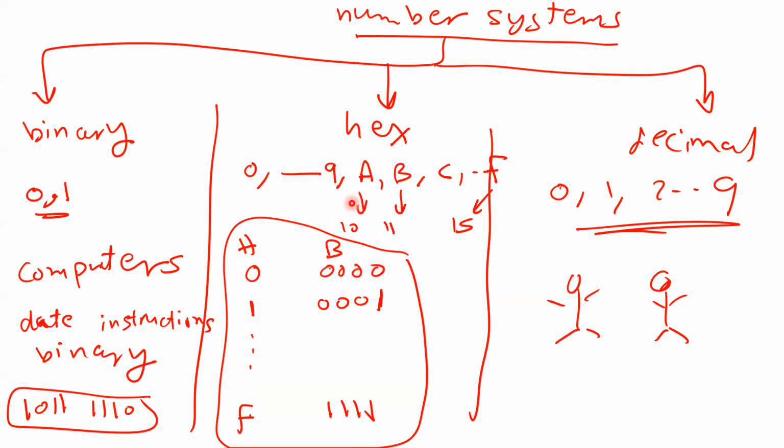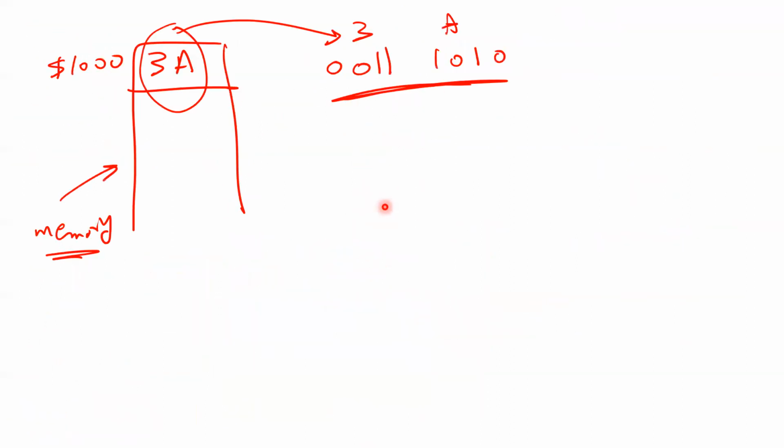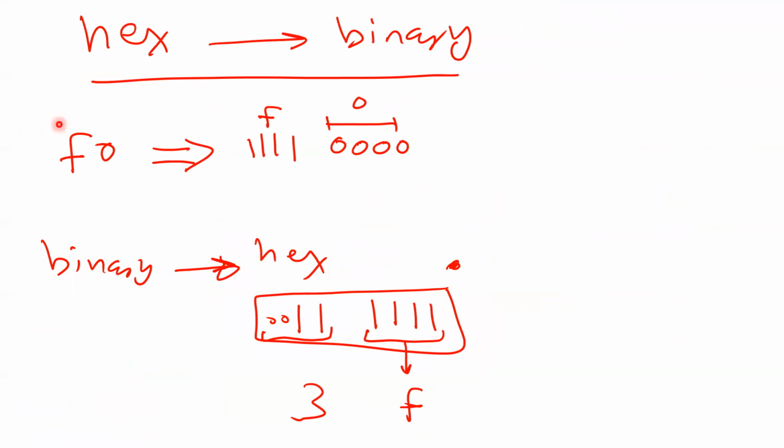That's it. So here F means 15, which is 1111, 4 bits. 0 means 0000, which is 4 bits. Okay, very easy. So if you want to convert hexadecimal to binary, every digit you have to replace with the corresponding 4 bits. Is that okay?